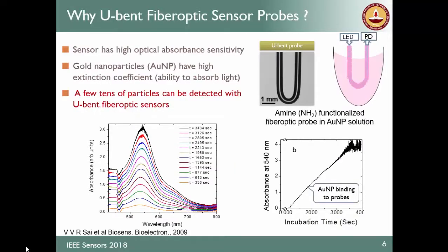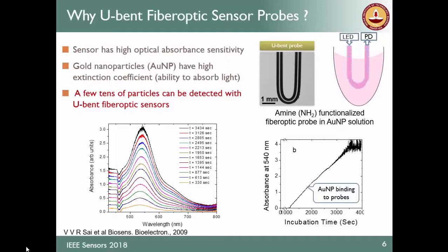Here is an example to show how good evanescent wave-based U-bend probe sensors are. Here you see an image of a U-bend probe. It's a plastic optical fiber of 1 mm diameter bent into a U shape; the bend diameter is 3 mm.